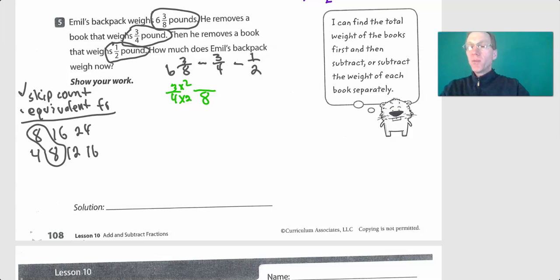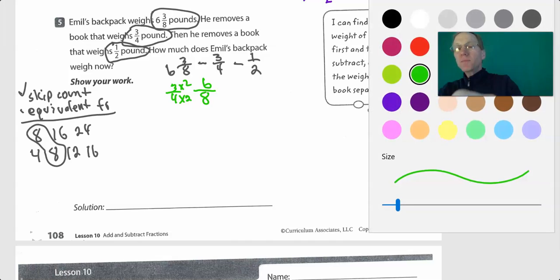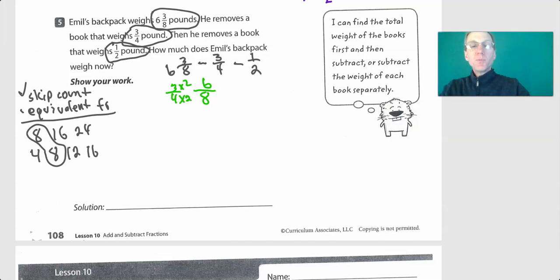We have to multiply both of them, because you saw in those drawings, if it's a pizza, you're cutting the whole pizza, including the slices you have, and you're changing the way that pizza looks. So now we're going to rewrite this. This becomes 6 3/8, and instead of minus 3/4, we're going to take away 6/8, because that's our new equivalent fraction.